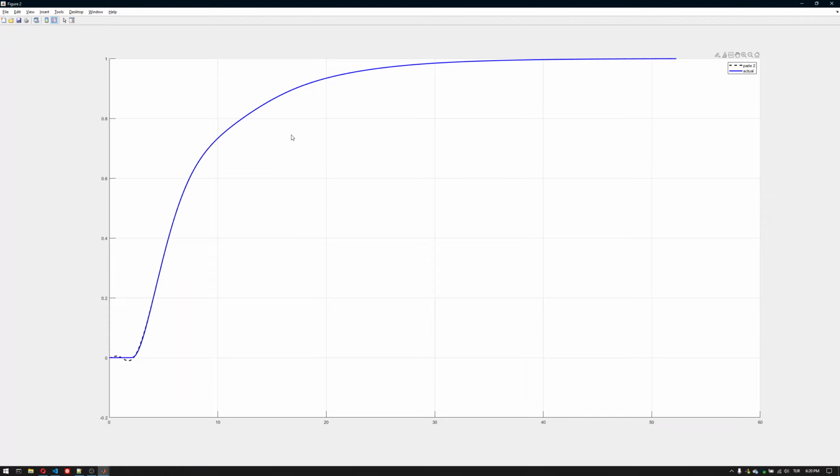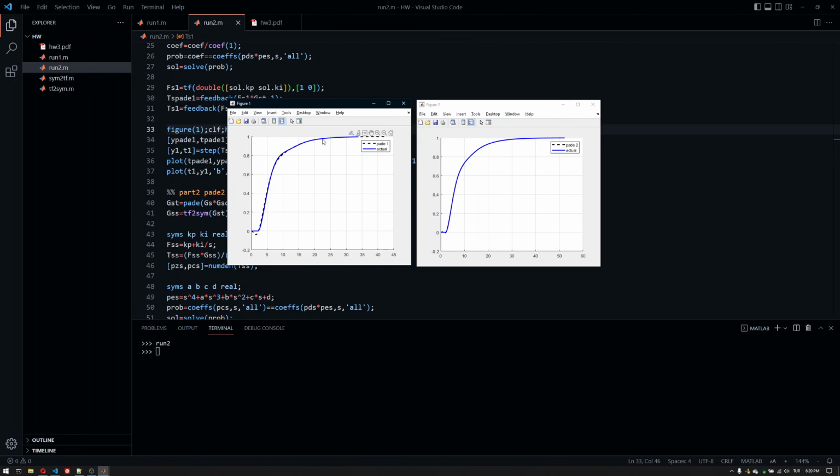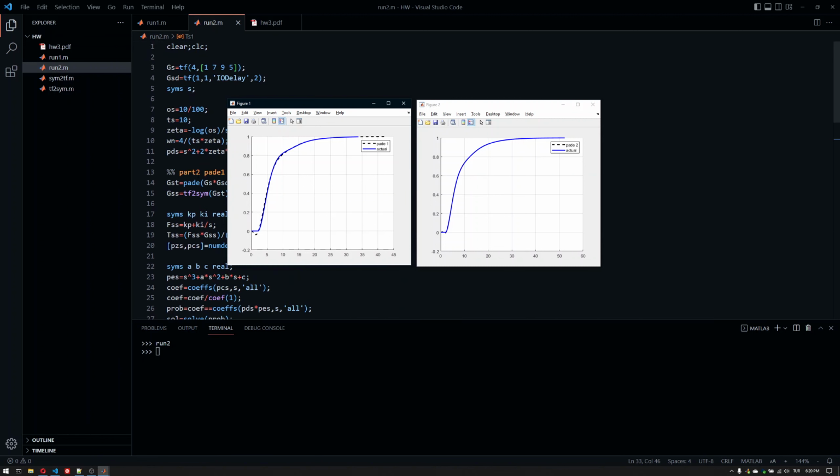Of course, we couldn't even look if the dominance factor is good, if it's satisfying our results. It is obvious that we cannot satisfy the results because, first of all, we had a settling time of 10. I can see both of them are not really working as they should be.